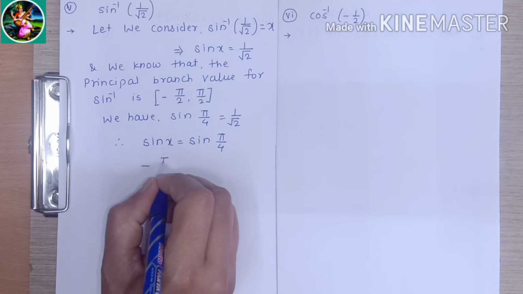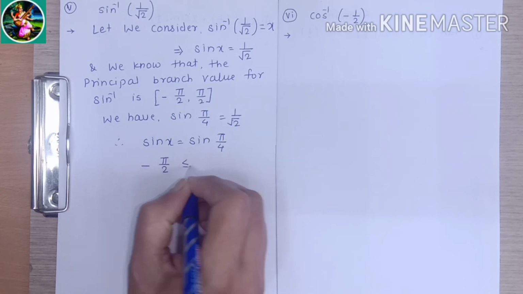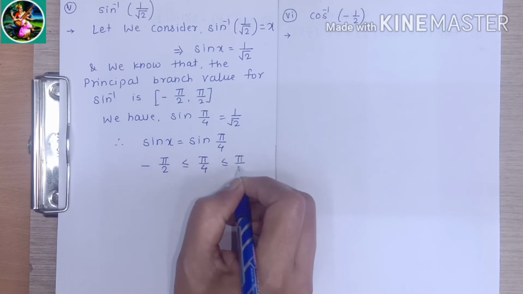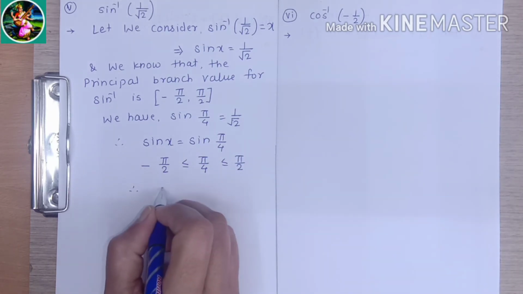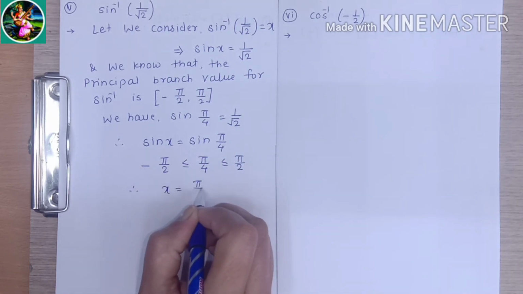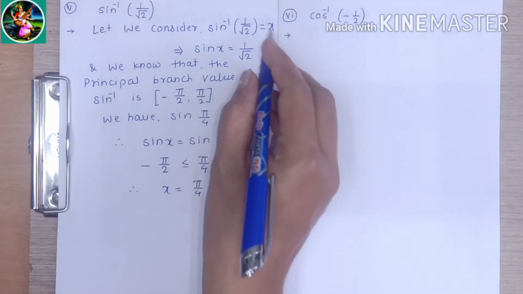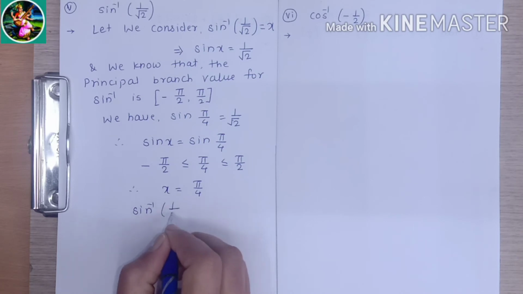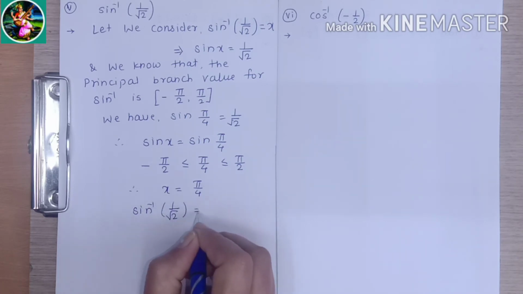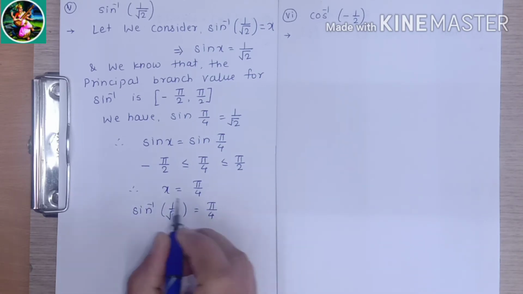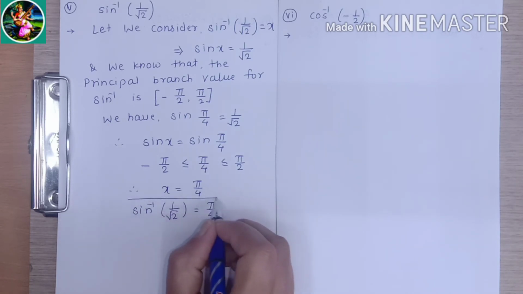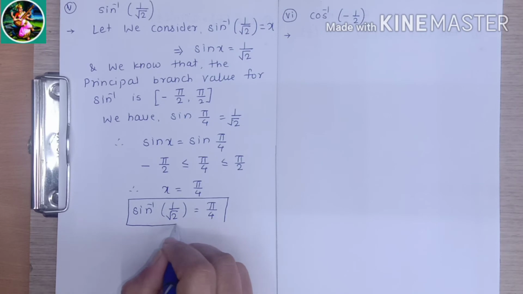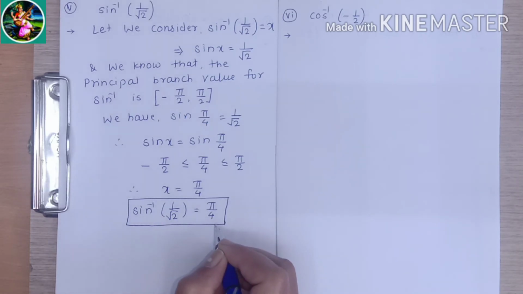That is, minus pi by 2 is less than or equal to pi by 4 is less than or equal to pi by 2, implies that x is equal to pi by 4. That x means sine inverse of 1 upon root 2 is equal to pi by 4. Therefore, it is the required principal value for the given inverse trigonometric function.